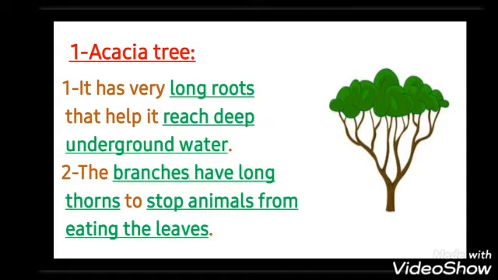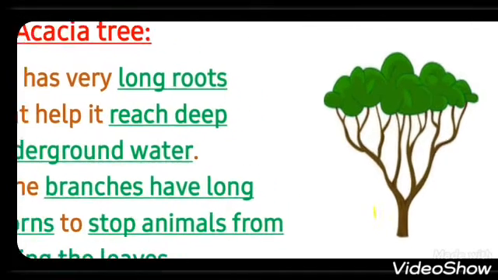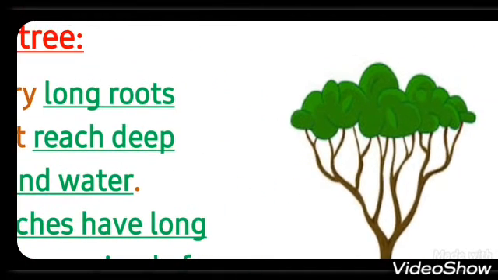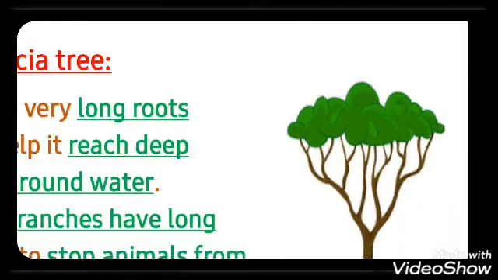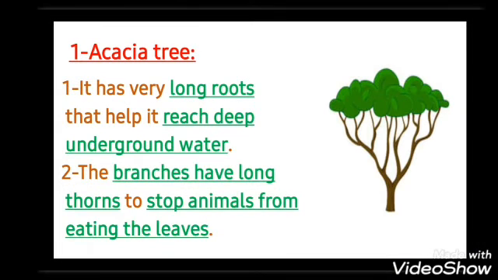Number 1, acacia tree. Look at this picture, this is an acacia tree. Repeat after me, acacia tree. I will talk about the properties of this tree, okay, to know how they can live, okay?